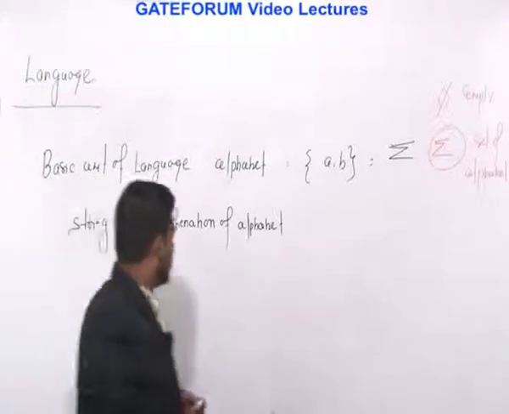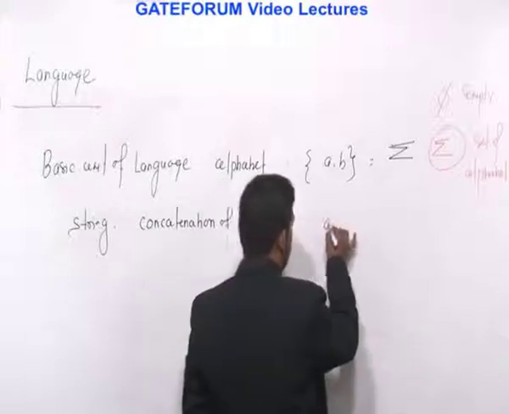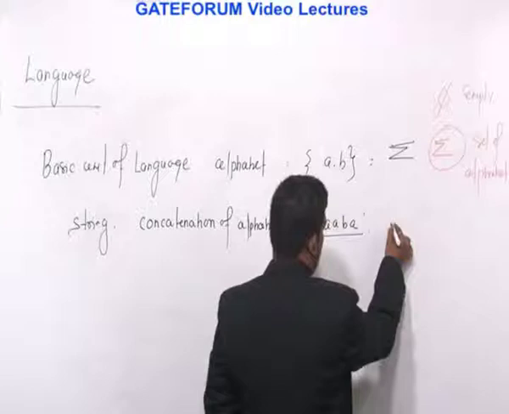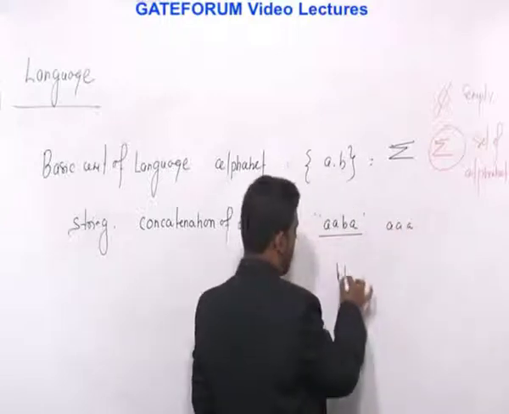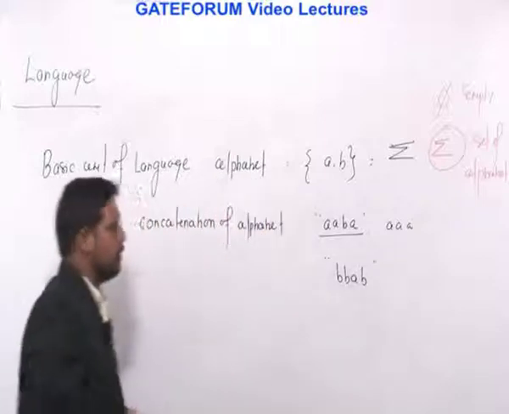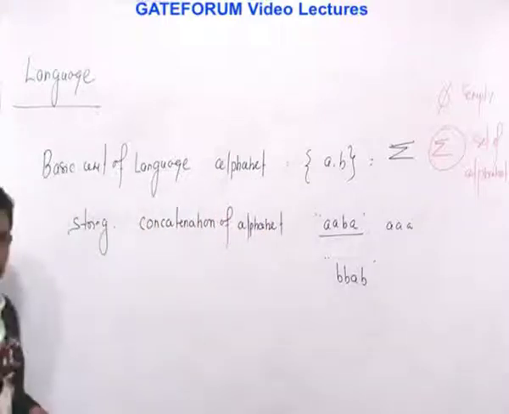Concatenation of the alphabet is basically a string: double A, B, A, or let's say triple A, or B, B, A, B. These are nothing but concatenations of the alphabet, and that we call a string.